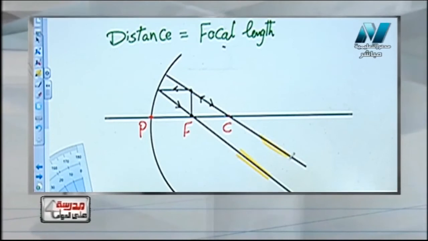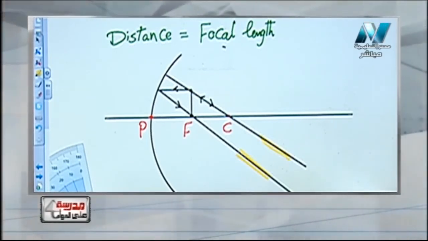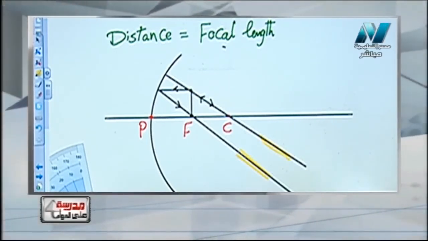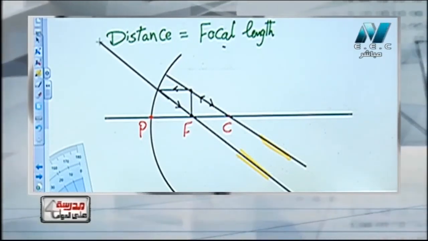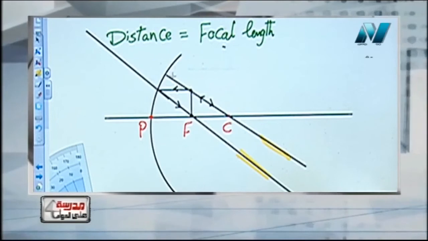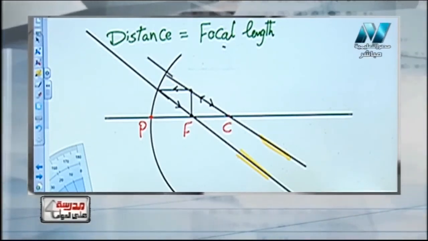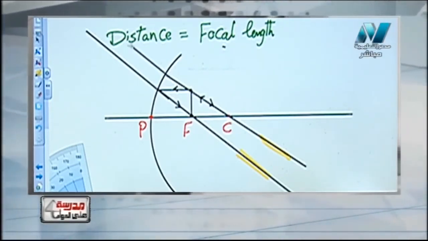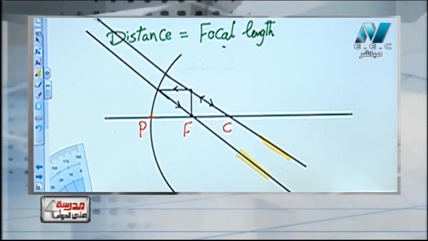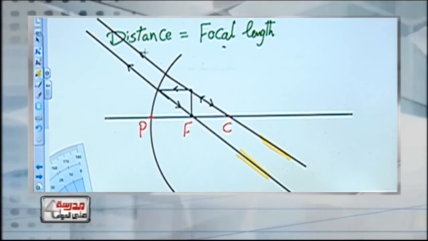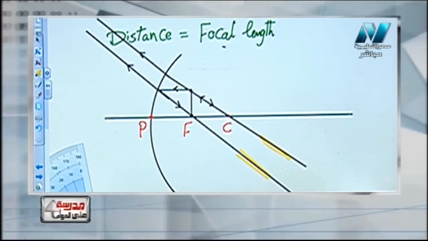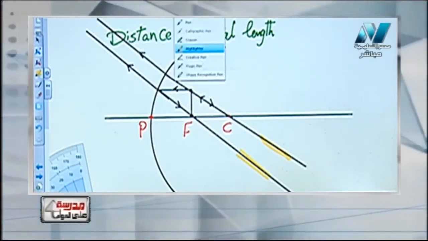So we will use extension by the ruler. We have the extension of the reflected ray in this direction and another extension in this direction. The reflected rays didn't intersect. They are parallel.